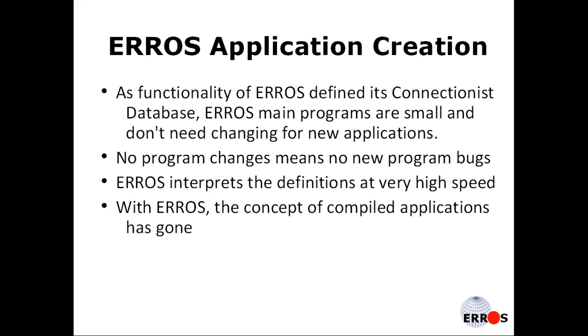This includes the ERROS Standard Operator Interface, SOI, which generates the HTML and JavaScript on the fly. These programs don't need changing when new applications are created. This helps to ensure their stability. As I said earlier, with ERROS, the concept of compiled applications has gone.